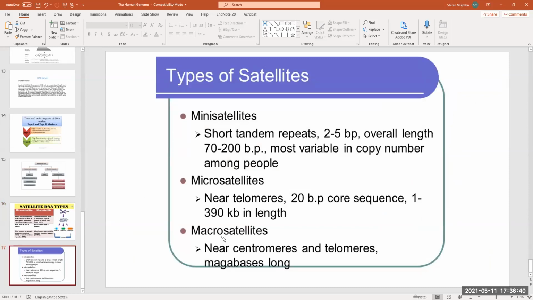Minisatellites are 2 to 5 base pairs, with an overall length of 70 to 200 base pairs. They are most variable in copy number among people. Microsatellites are near telomeres, and macrosatellites are near both centromeres and telomeres.